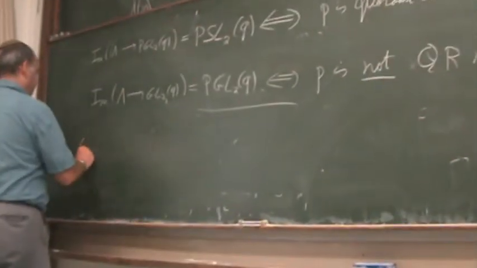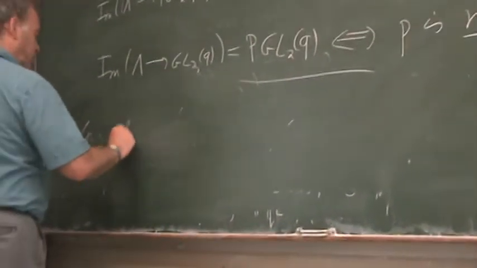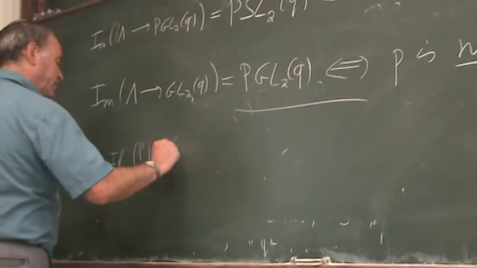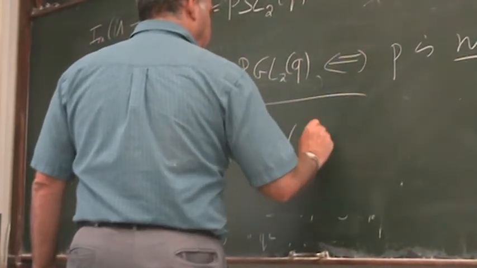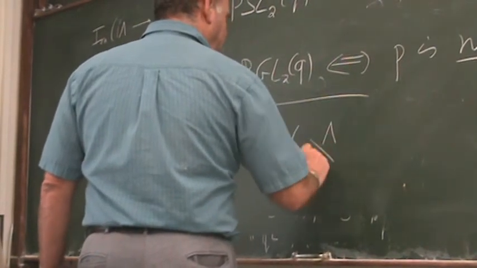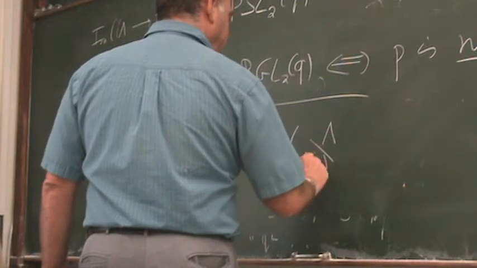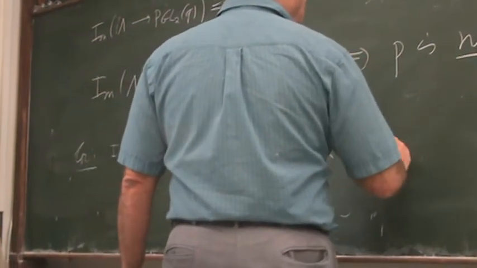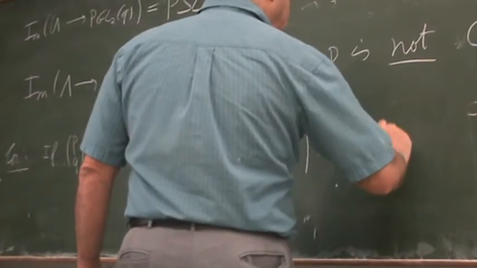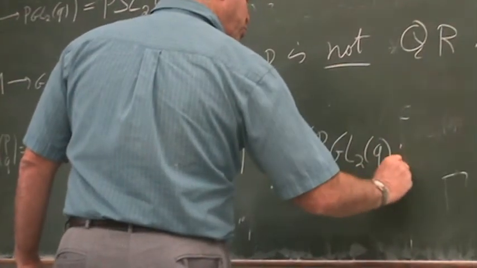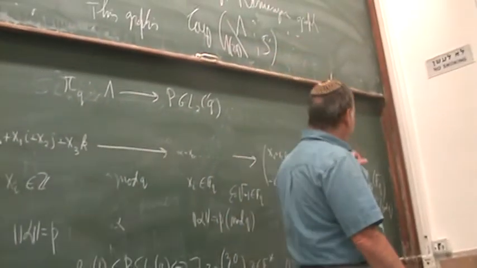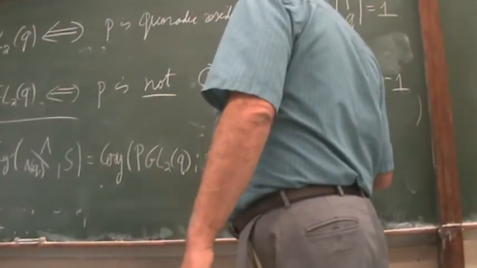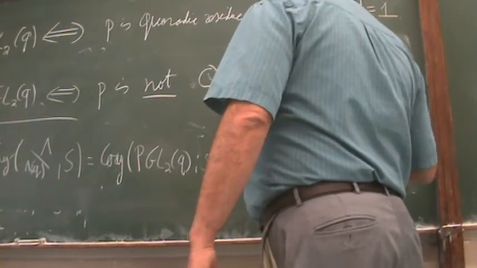Corollary: if P over Q is minus 1, first let's start with this case, then the Cayley graph of lambda over lambda Q, or lambda 2Q, whatever we want to call it, with respect to S, which we now understand is the Cayley graph of PGL2Q with respect to the image of S, and we can really follow, by the way, we can solve this equation and give explicit generators for this group, is a bipartite graph.